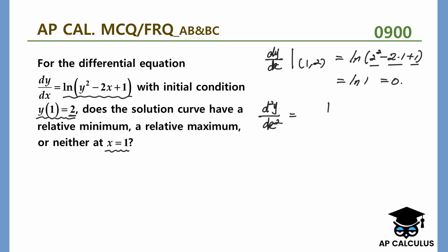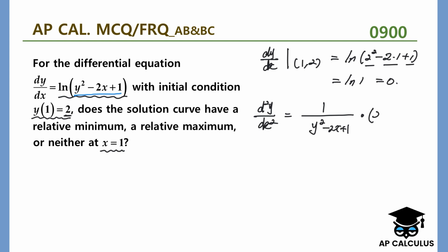So that's 1 over y squared minus 2x plus 1 times the derivative of y squared minus 2x plus 1, right? So the derivative of that is power of 2y times the derivative of y, which is equal to dy over dx, minus the derivative of 2x, that's 2, the derivative of 1, that's a 0, right?